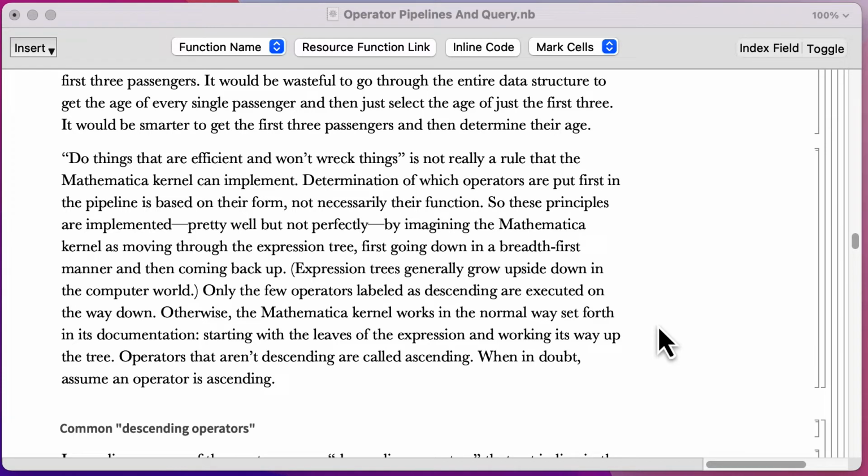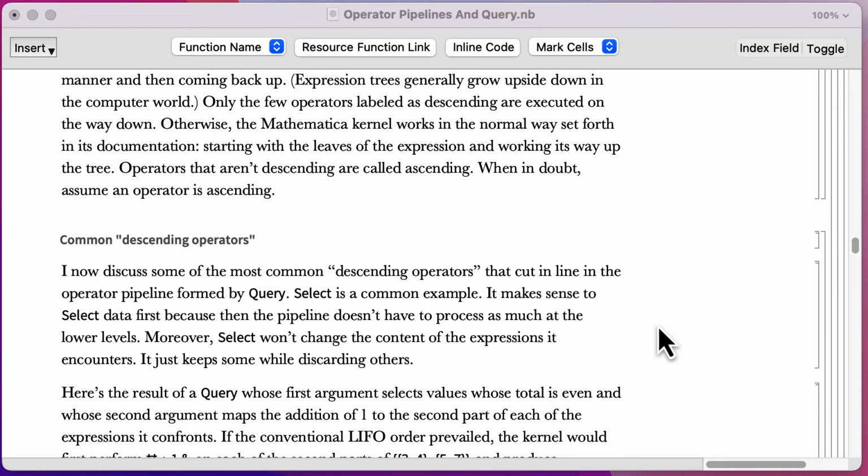And the idea is that Wolfram sort of descends through the expression tree, and ordinarily it doesn't do anything until it comes back up. But for some operators, it's going to do it on the way down. Those are called descending operators. When in doubt, assume that an operator is ascending, and what it means, if it's ascending, that means it's going to be in the ordinary order.